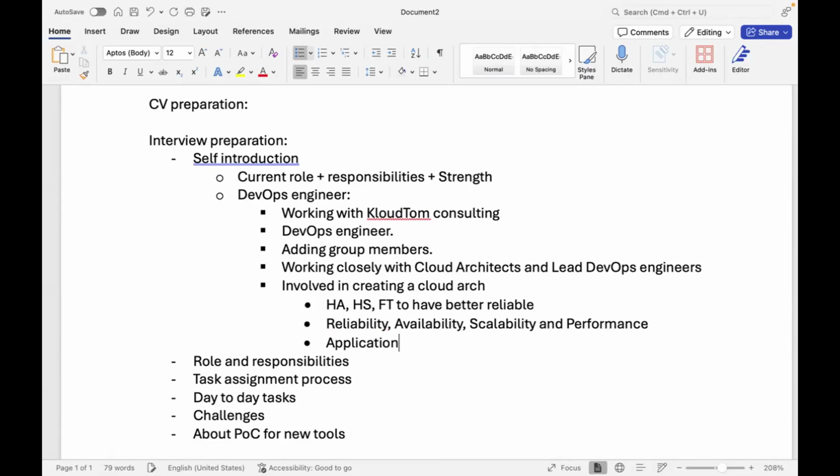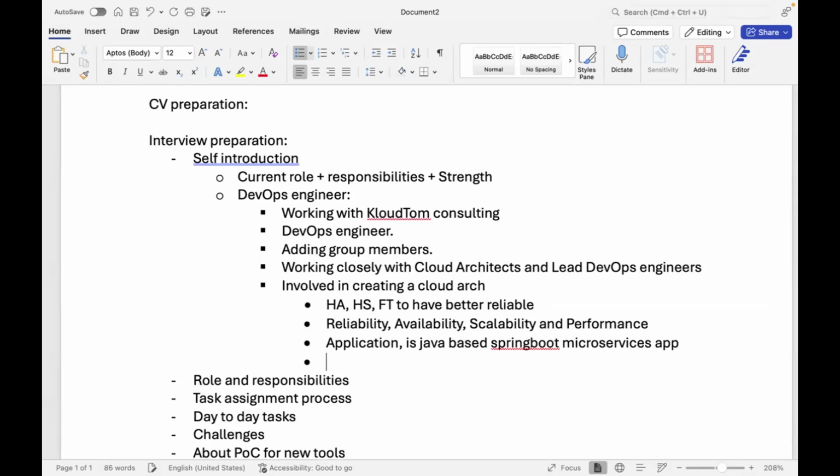The application that we are developing is a Java-based Spring Boot microservices app, which contains maybe 10 to 12 containers. They won't ask you exactly, you will explain each container one by one.